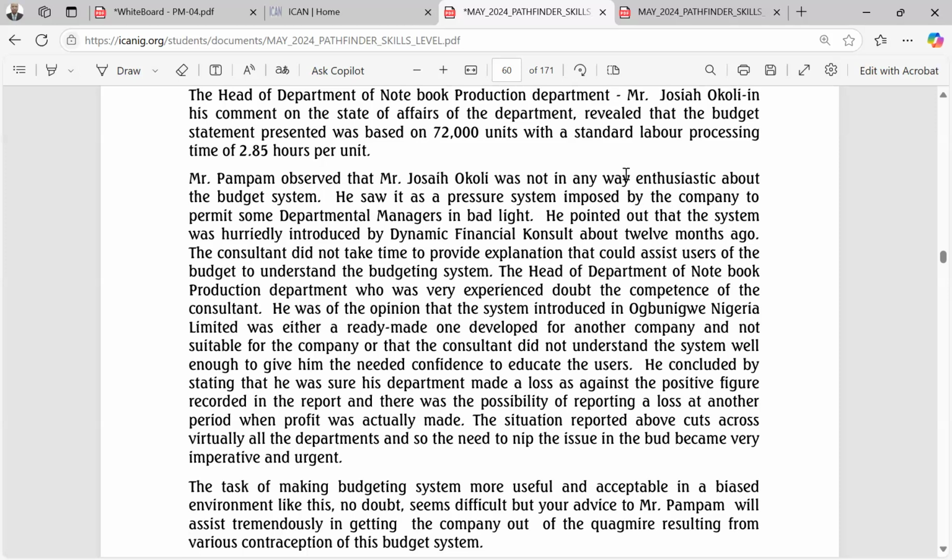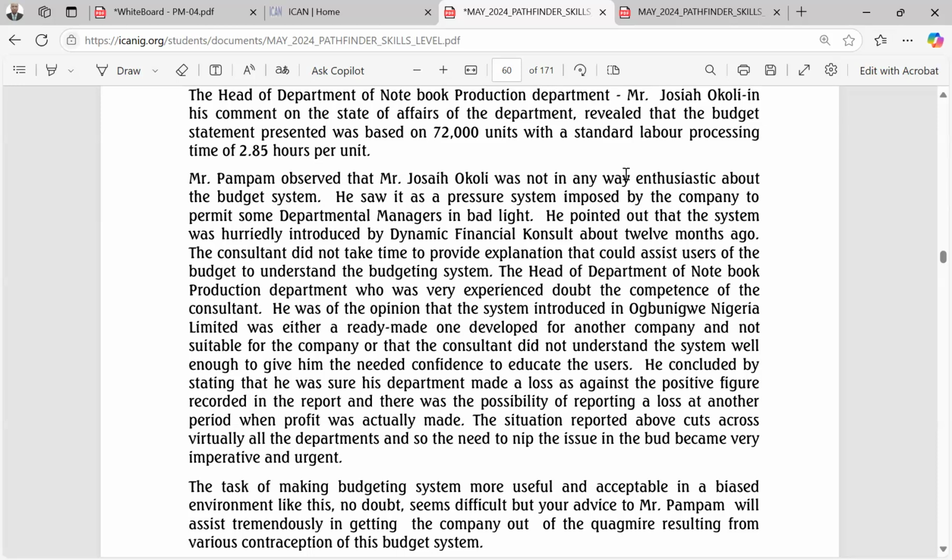He was of the opinion that the system introduced in Obinigwe Nigeria Limited was either a ready-made one developed for another company and not suitable for the company, or that the consultant did not understand the system well enough to give him the needed confidence to educate the users.